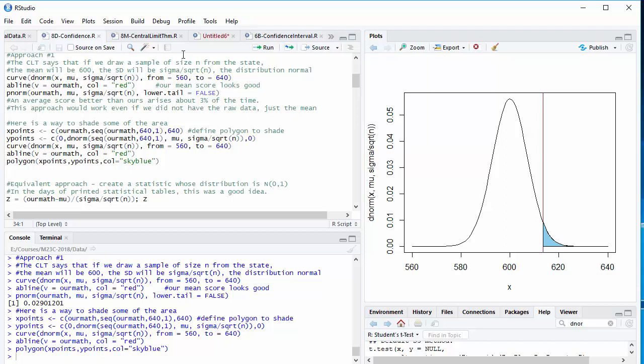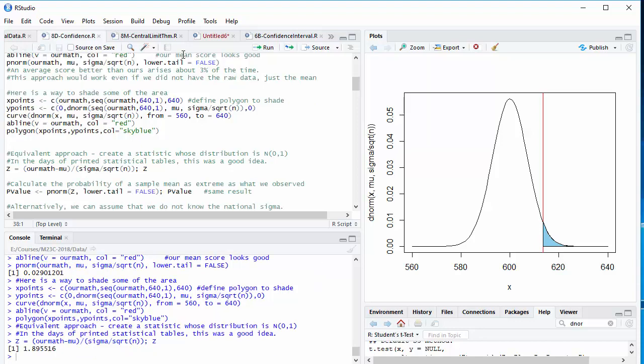Here's an equivalent way of doing the same analysis. You create a standardized variable, standardized because its distribution is standard normal. And back in the days where people didn't have computers, but instead they had big books of statistical tables, a table of the standard normal distribution and tables of student t-distributions for various numbers of degrees of freedom, this was the way to go.